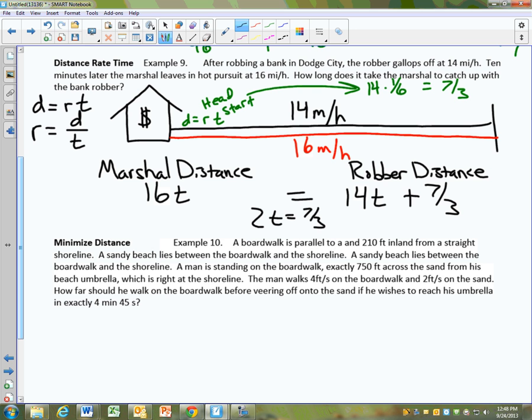Then I divide by 2, and I get time is equal to 7 over 6, which is the same thing as 1 and 1/6, or 1 hour, 10 minutes. Tricky, tricky, tricky. Got it?